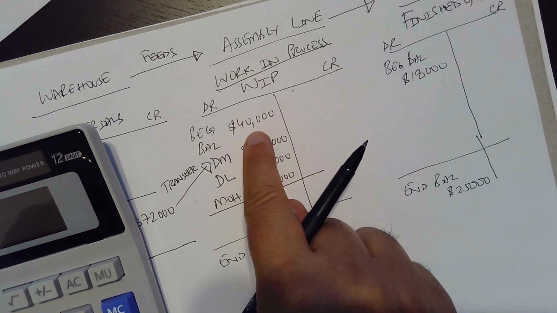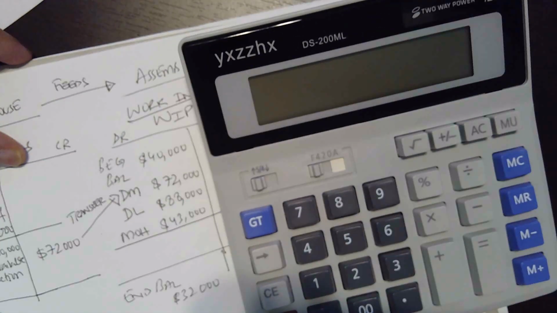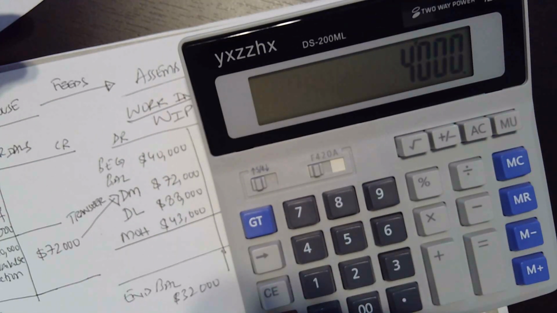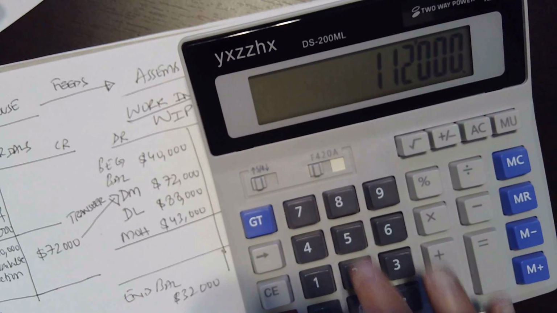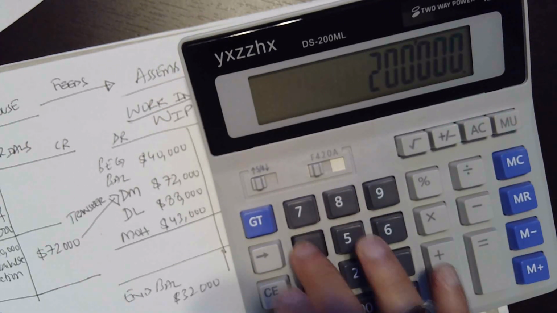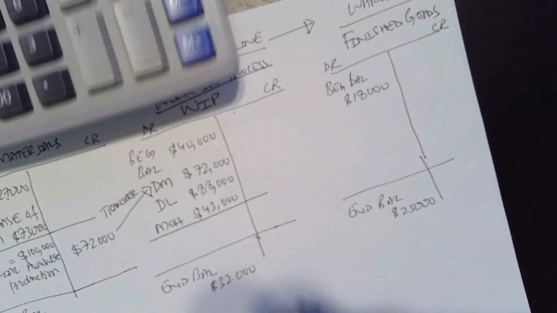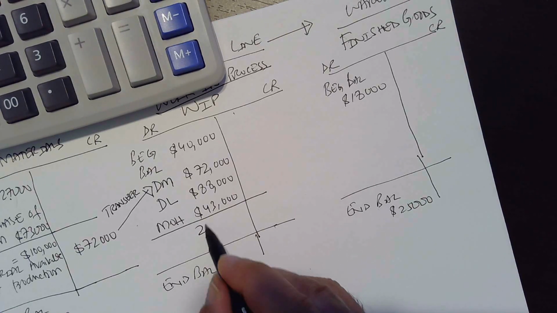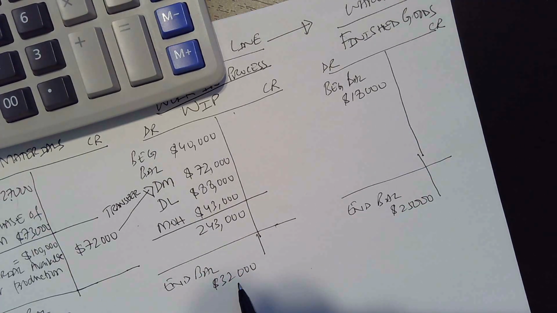So you already have 40,000 over here. 40,000 plus 72,000 plus 88,000 plus 43,000. So you have $243,000 that you have invested, but you still have some incomplete.